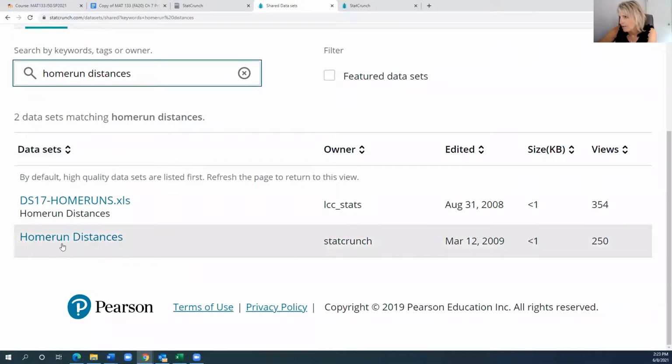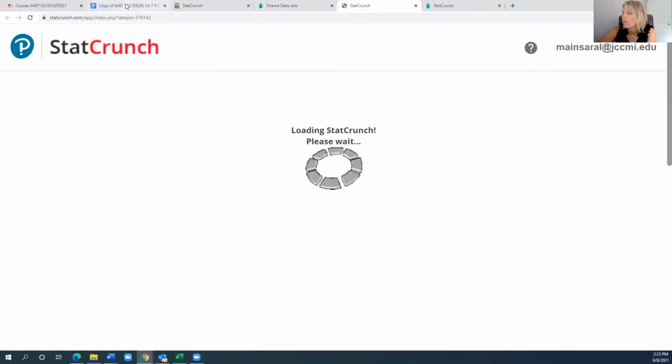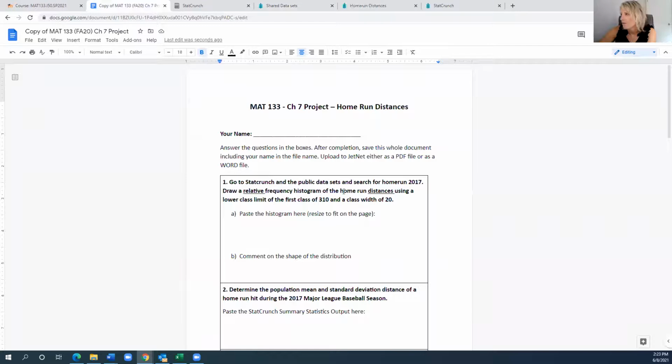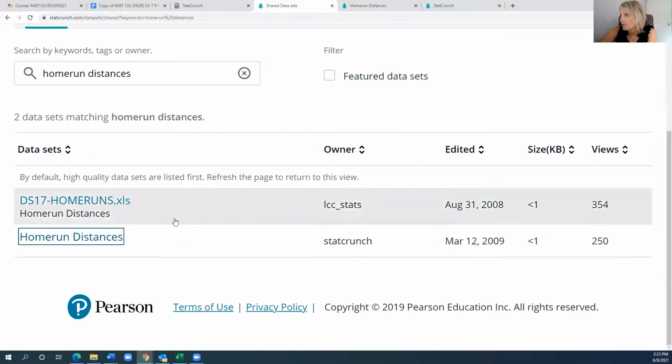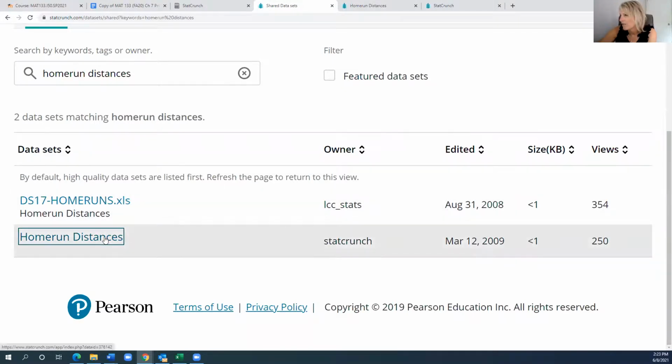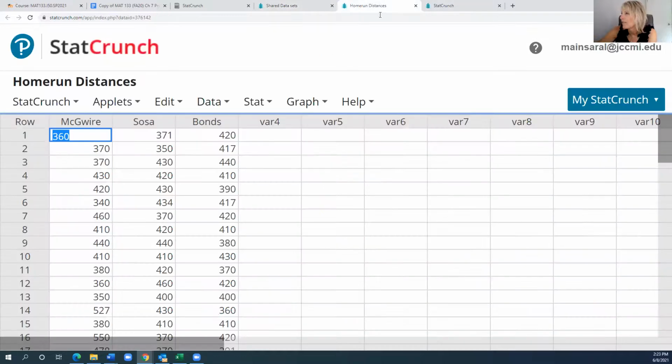And you're going to use this one right here. It says home run distances. Home run 2017. I think maybe I chose the wrong one. Let's see.